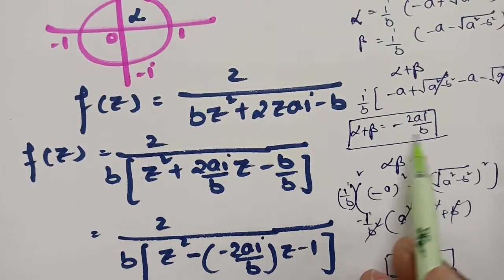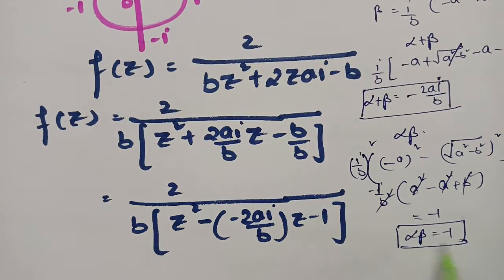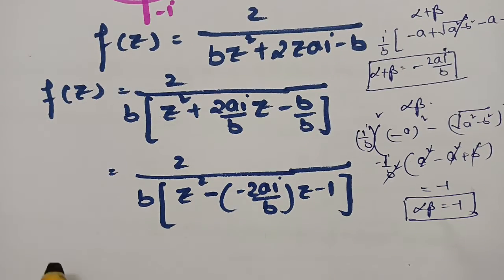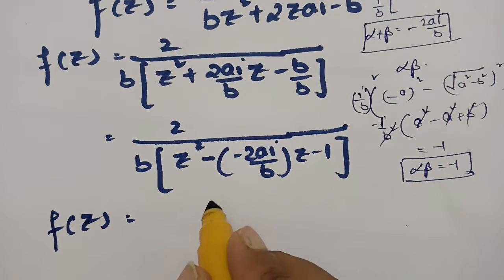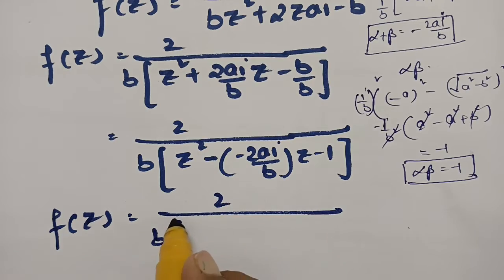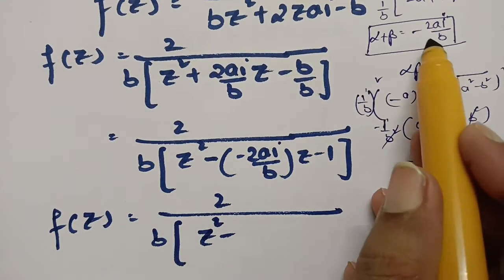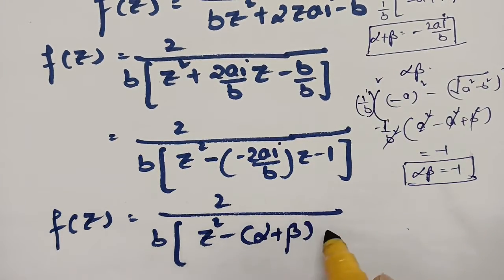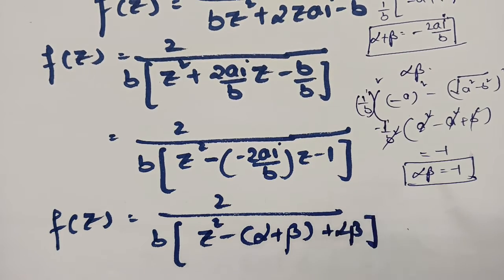So I got the alpha beta value as minus 1. The alpha plus beta value is minus 2ai by b, and alpha beta is equal to minus 1. Clearly I can substitute here. So f of z value is equal to 2 by b times of z square. In place of 2ai by b, I am substituting alpha plus beta, and in place of minus 1 I am writing alpha beta. Clear?